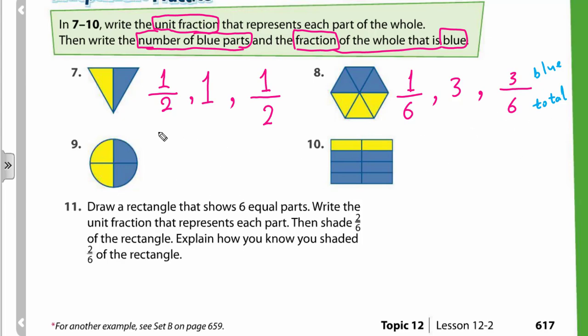Okay, again, the unit fraction. Start with the unit fraction, my hero. Four. Okay, the unit fraction is 1 out of the total, which is 4. 1/4.